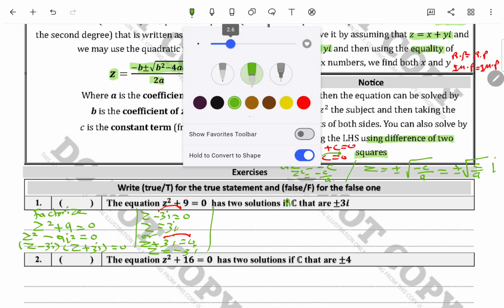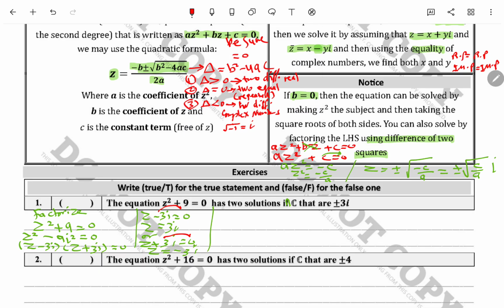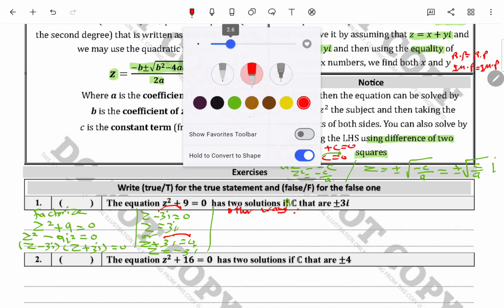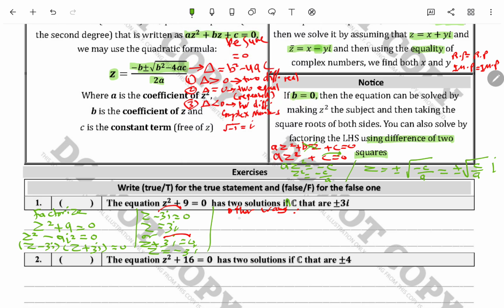Other way to solve, you do not have to factorize them. You can move to the other side from the beginning, and this way will be easier, exactly like this. Z squared plus 9 equal to 0. If you move this 9 to the other side, that will change its sign from positive to negative, and take a square root for both sides.